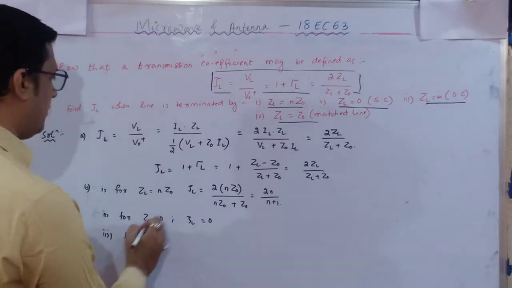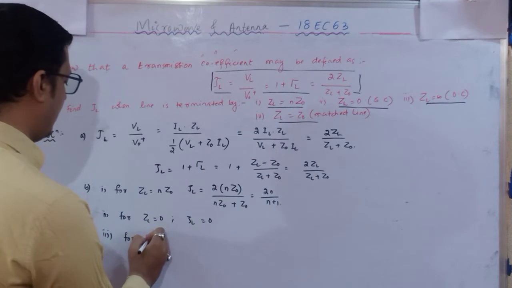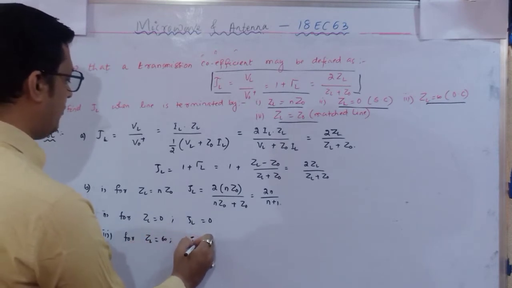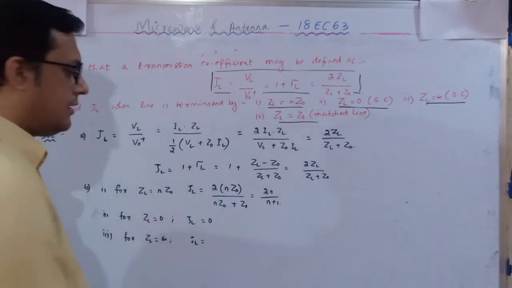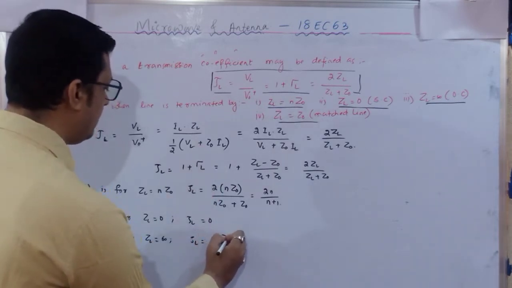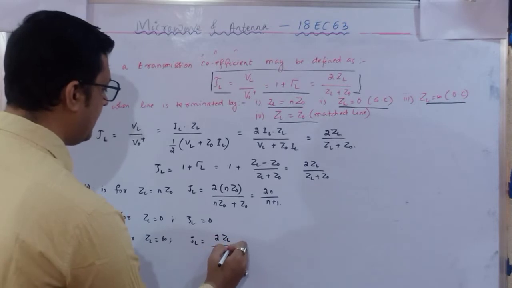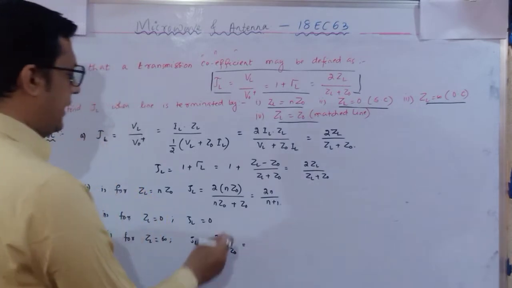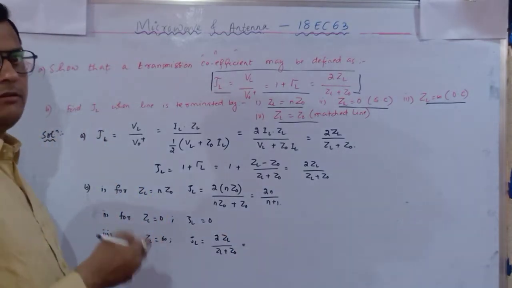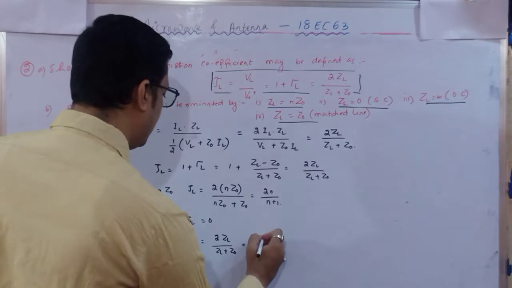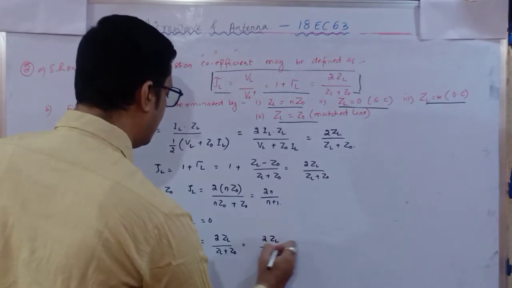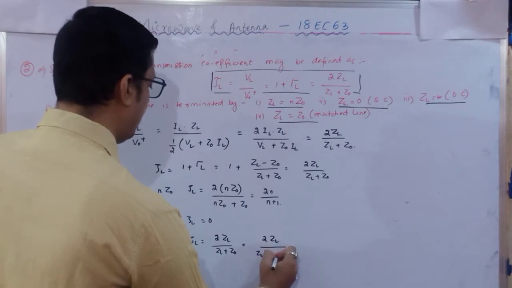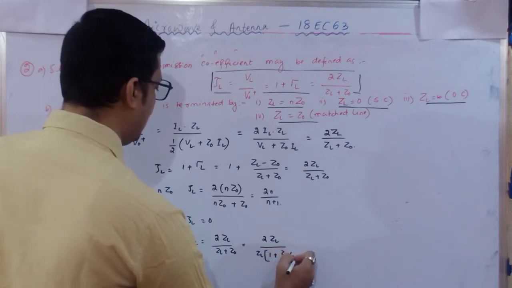Then for open circuit line, ZL is equal to infinite, then we have to see how to calculate our transmission coefficient. So we have 2ZL divided by ZL plus Z0. Okay. Now what you have to do, you have to take this ZL common from the denominator. So if you are taking common, you will get this sort of relation. So this is ZL times 1 plus Z0 by ZL.